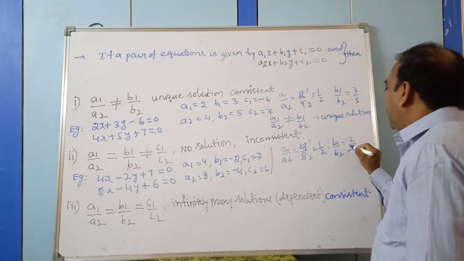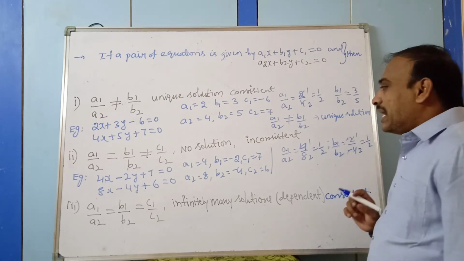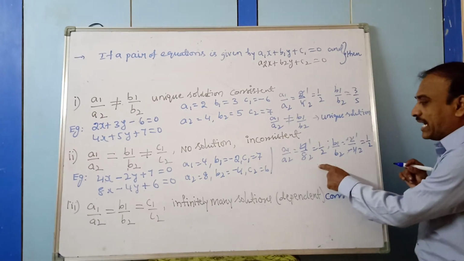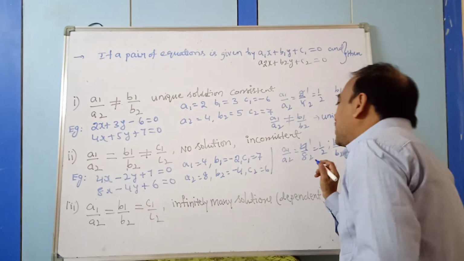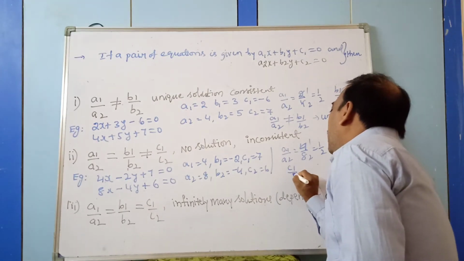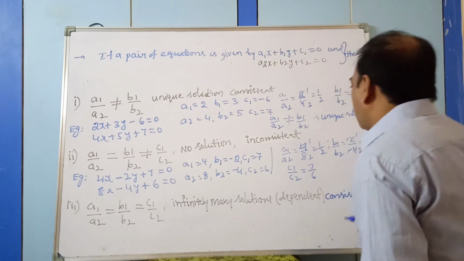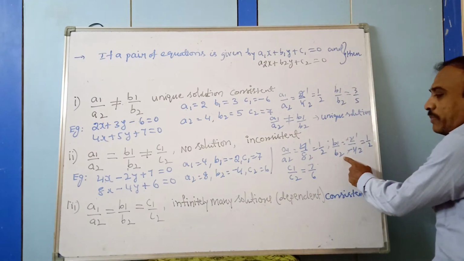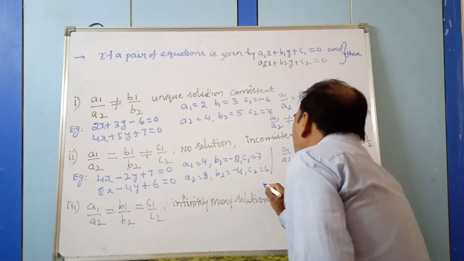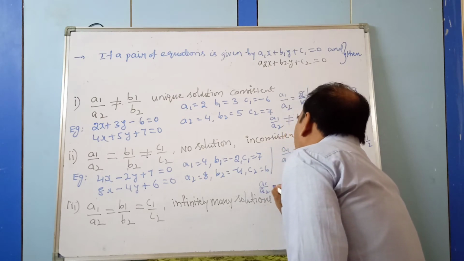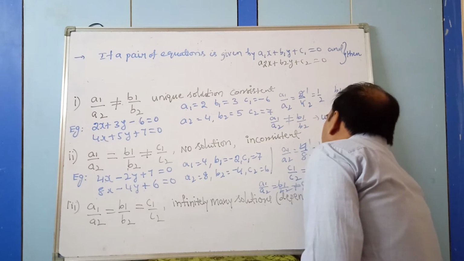If we cancel minus and minus, it is equal to 1 by 2. Now A1 by A2 and B1 by B2 are both equal. When they are equal, you go for C1 by C2, which is equal to 7 by 6. Now you check: A1 by A2 equal to B1 by B2 but not equal to C1 by C2.